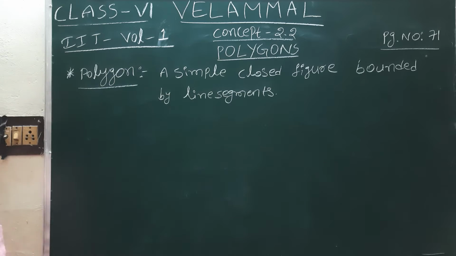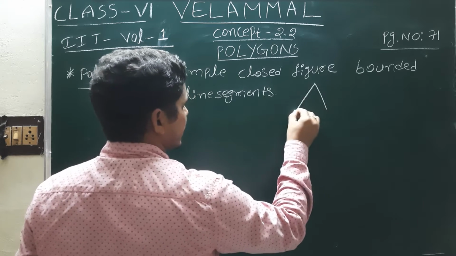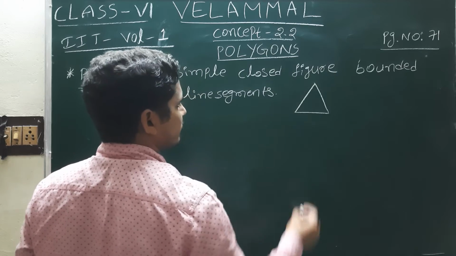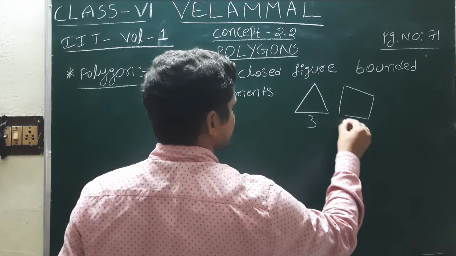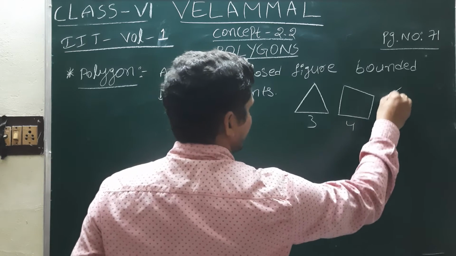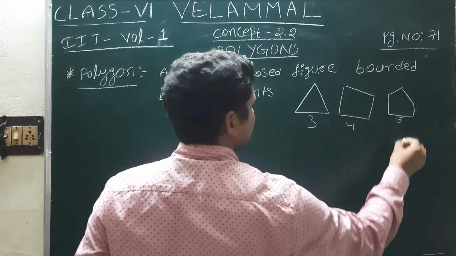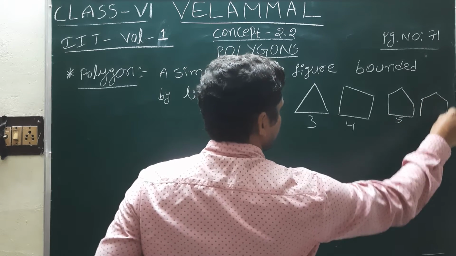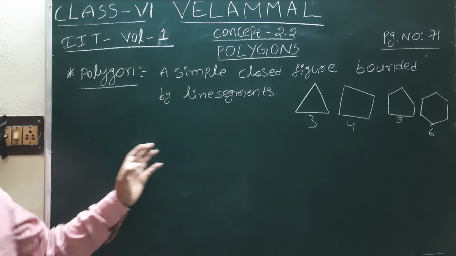If we are taking examples, a triangle we can say with 3 sides, a quadrilateral with 4 sides, a pentagon, or a hexagon with 6 sides. All these are examples of polygons.